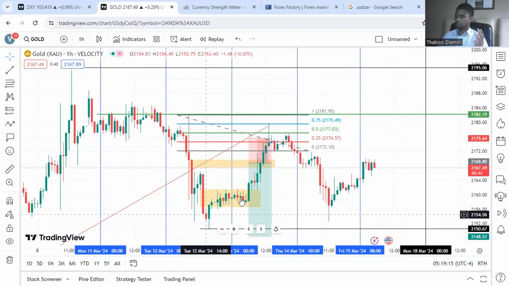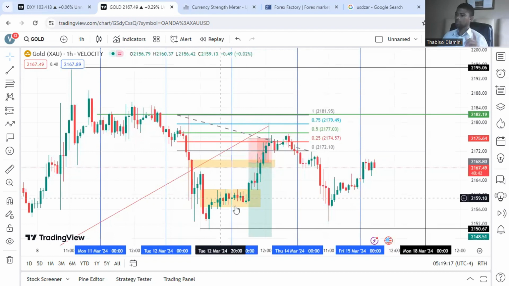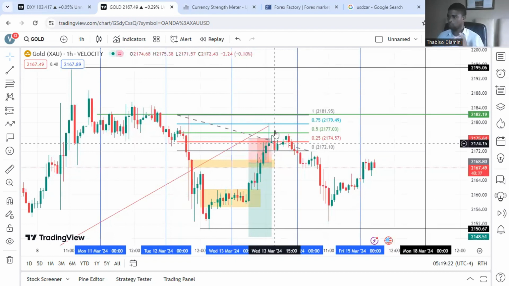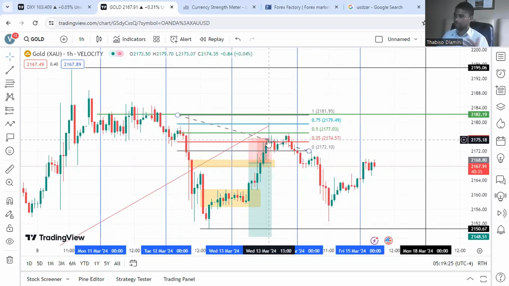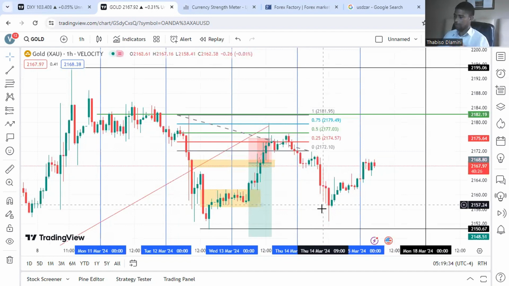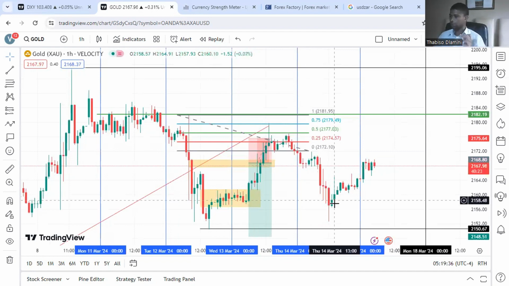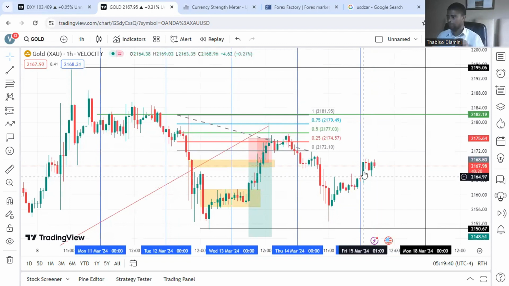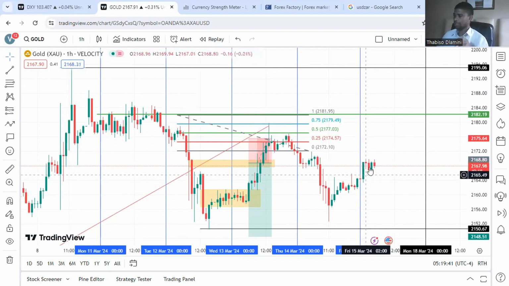Wednesday, we had that nice accumulation before the market went back up again and took whatever monies we needed to take. What I normally say is it reached the stations it was directed to go to, and then we closed off again. We went down into our sell side liquidity, only to then start rallying up again. We'll see what happens today, since we can see this nice accumulation happening again.